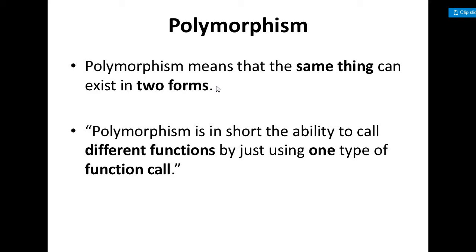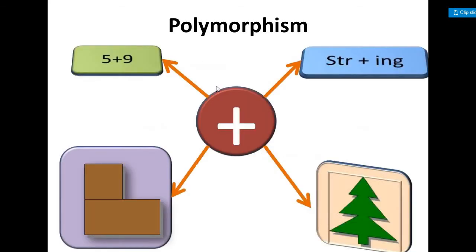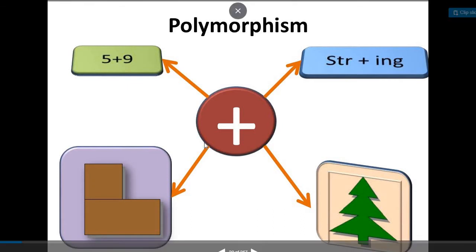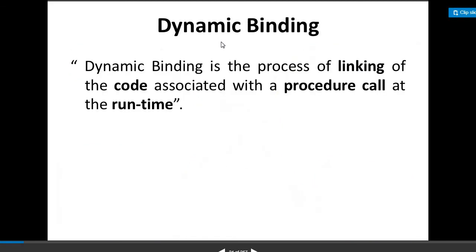These are examples of polymorphism. With plus, we do different things: this is addition and this is concatenation. This is an example of polymorphism.